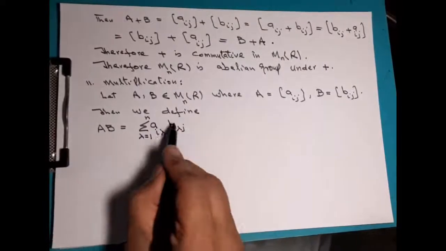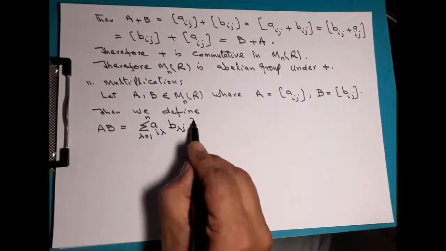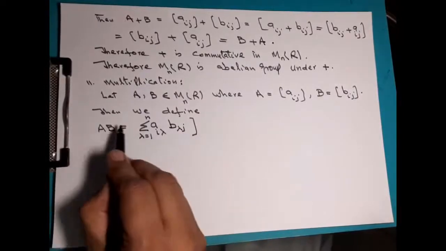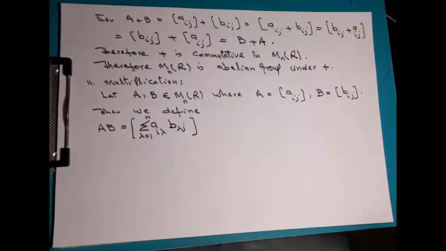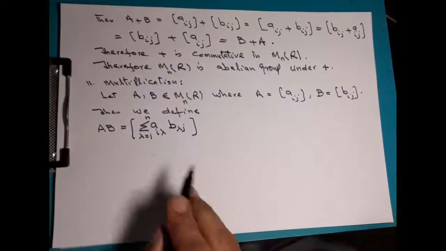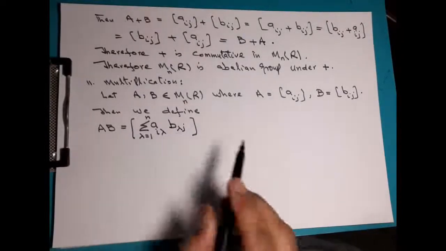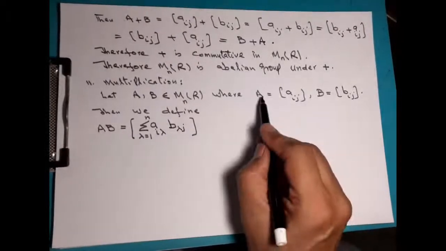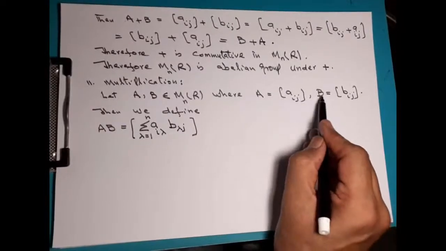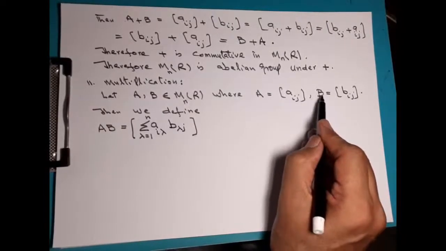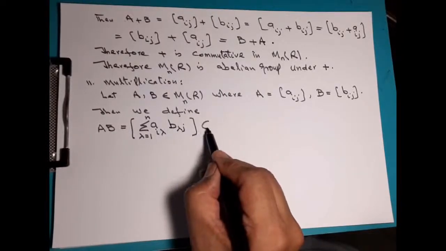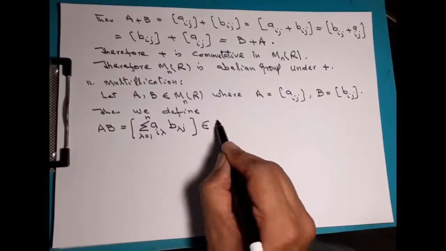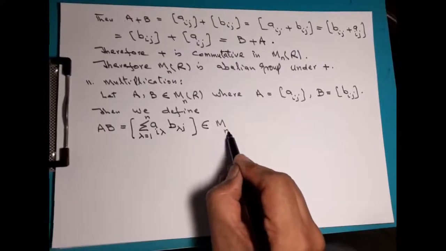So this is ijth entry, and we give it the symbol of matrix. So this is the way we define product of two matrices, and you can see that since A matrix is of order n by n, B is of order n by n, so this matrix will be again of order n by n. So this belongs to M_n(R).